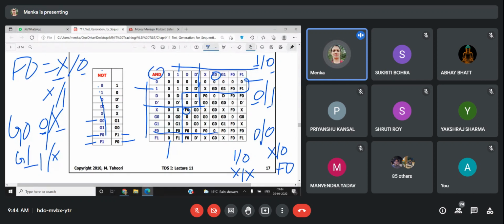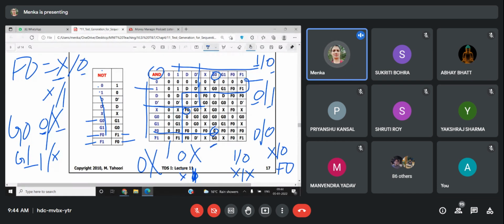So G0 क्या था आपका? 0X. F0 क्या था हमारा? X0. So you are getting 0 0. So you can see this entry is 0 0. And so on. F1 के साथ में कीजिए. F1 में you are having 1 here. So you'll be getting 0X. 0X is nothing but G0. So that's what you are getting, G0 over here.